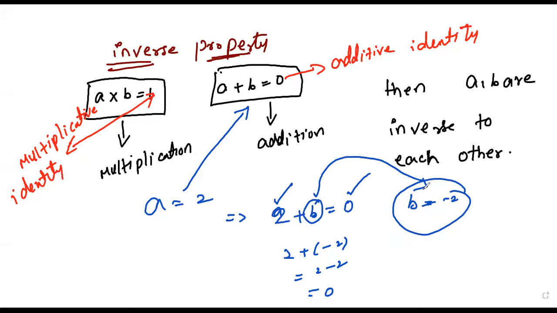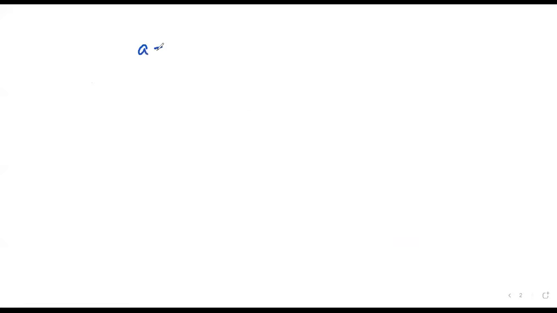Did you get that? Once again, if A is equal to 2, B must be -2. Suppose A is equal to 3, then what is B? -3. We are discussing now only addition, right?